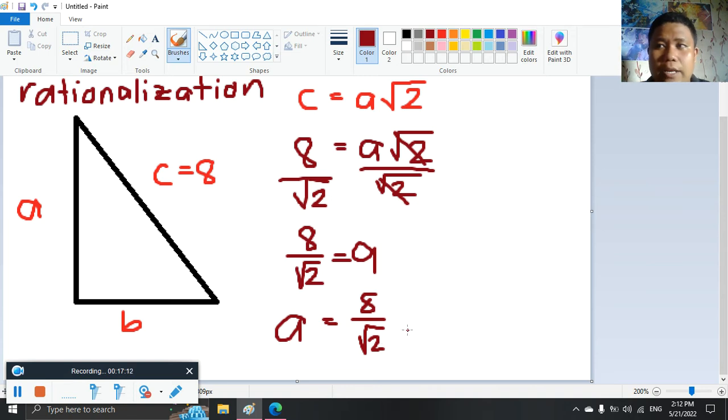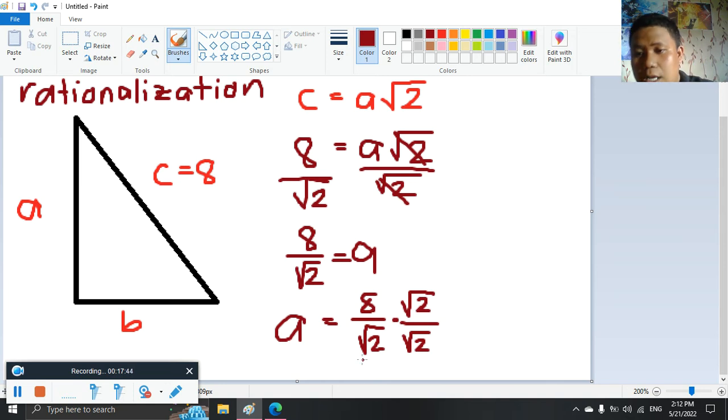So how to get rid of this one? By using rationalization. We're going to multiply by the square root of 2 over the square root of 2. Whatever your denominator is, that is what you multiply. If it is a square root, like the square root of 2, square root of 3, square root of 4, you multiply by that same square root.